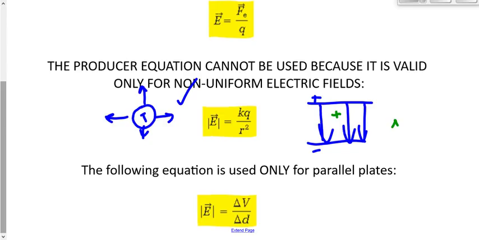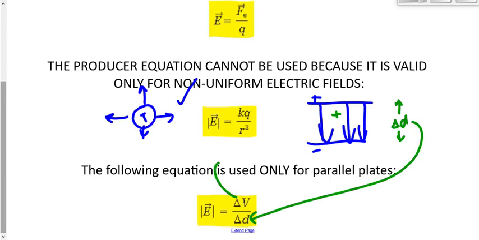Delta D is simply the distance between the plates. It has to be. Mathematically, let's just think about that for a second. If delta D was where the charge was, then where the charge was would affect the field strength, and it wouldn't be a uniform field then. It wouldn't be a constant field if where the charge was affected that field.